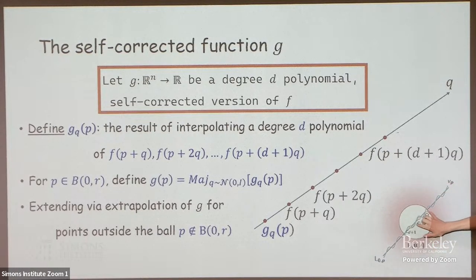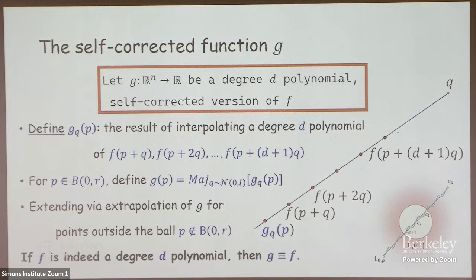So we just take d+1 points inside the small ball and interpolate using the values that we already defined of G, not of F, and then just extrapolate outside. Note that if F is indeed of degree D, then we have this consistency around all the directions, and we always get the same value. It doesn't matter if we go through this small ball, we just get F equals G.